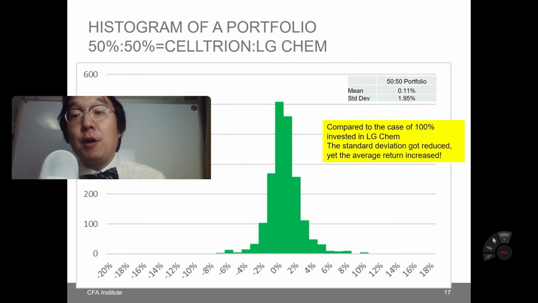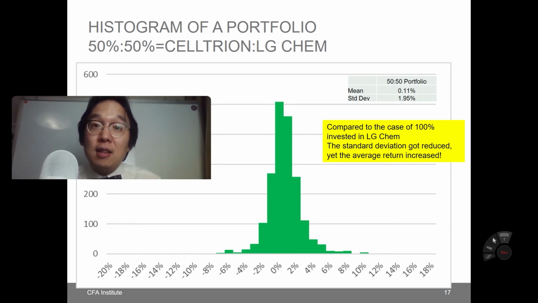Compared to the case of 100% invested in LG Chem, right? The standard deviation got reduced, right? Mixing with the risky stock makes it less risky than even the less risky stock.